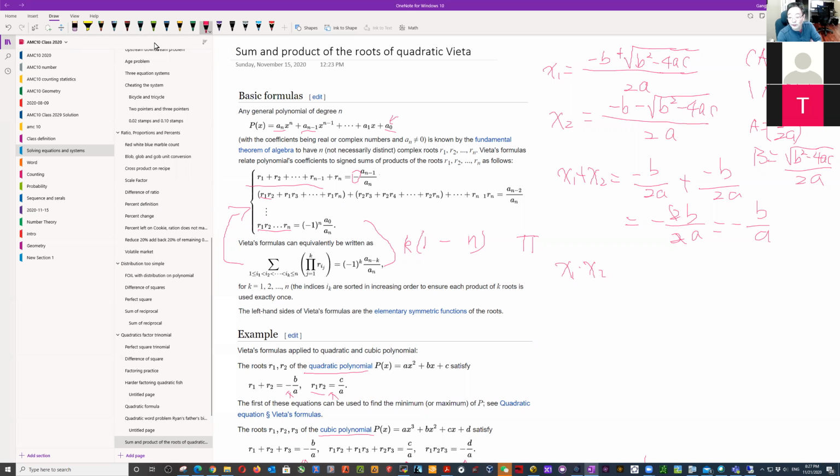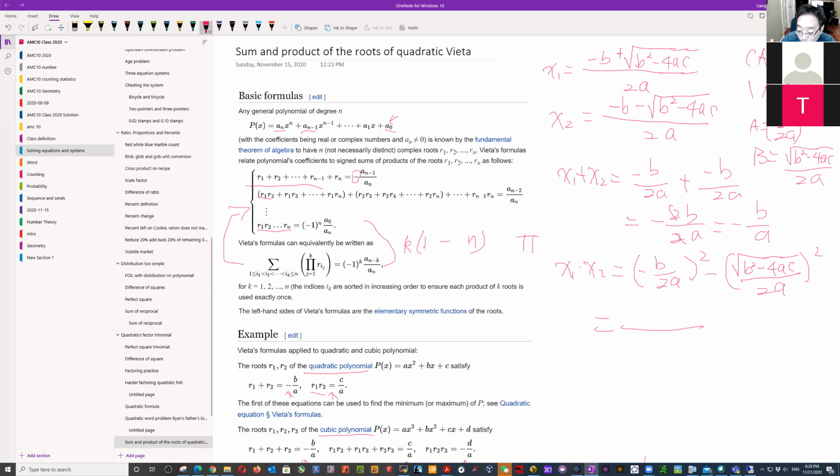So x1 times x2, using this formula, should be equal to a squared minus b squared, so negative b over 2a squared, minus the square root of b squared minus 4ac over 2a squared.